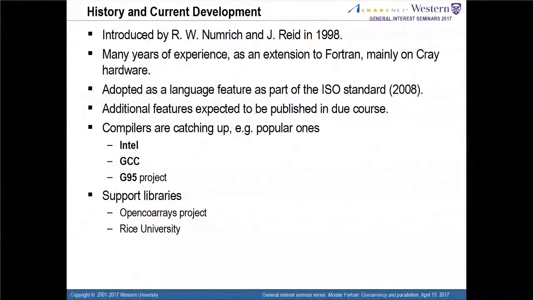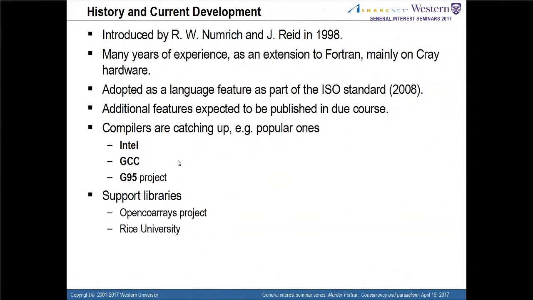So this is just a quick overview of interprocess communications. A quick history about the Coarray. It was first introduced in the late 90s. It was only available on Cray hardware for decades until it became an ISO standard.